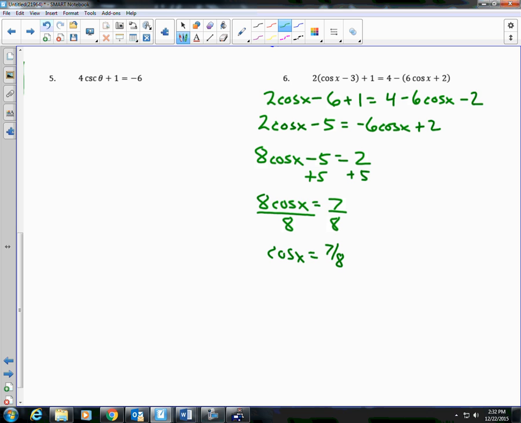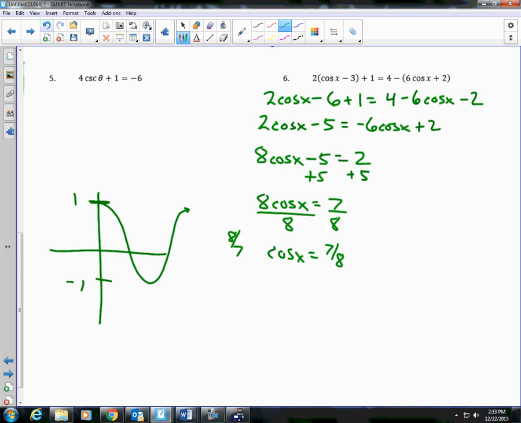Okay. Everybody pause. Suppose instead of 7/8, suppose I came up with 8/7. I want you to think of something real quick. When we graph sine and cosine, what was the highest value that sine or cosine could be? What was the smallest it could be?